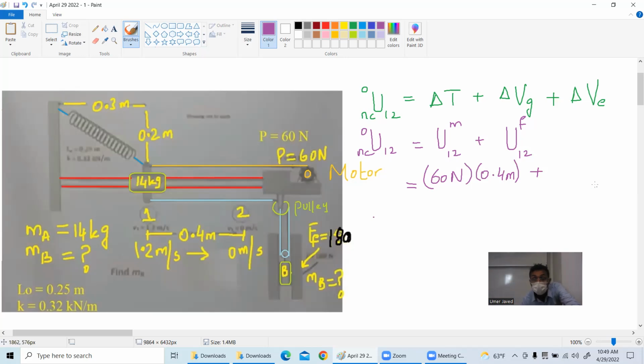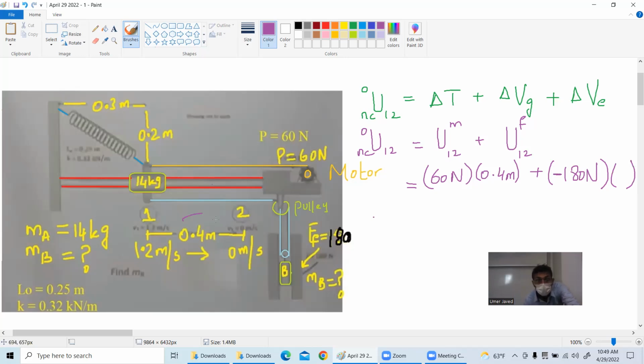So what is U12? That is 180 plus or minus, you will answer this, then the distance you will have to answer. So I think students understand that there will be a negative sign here.